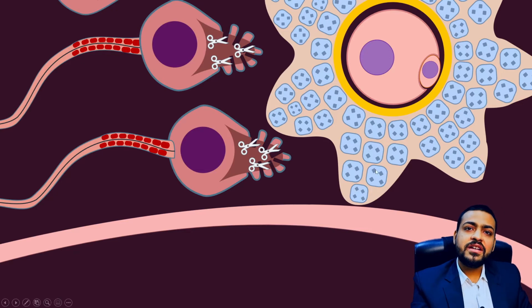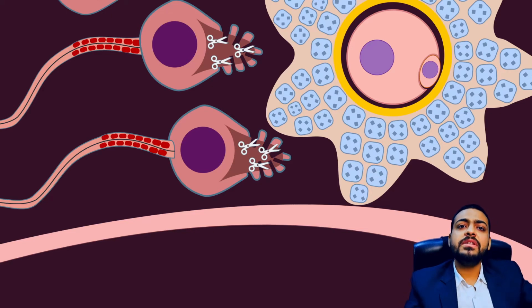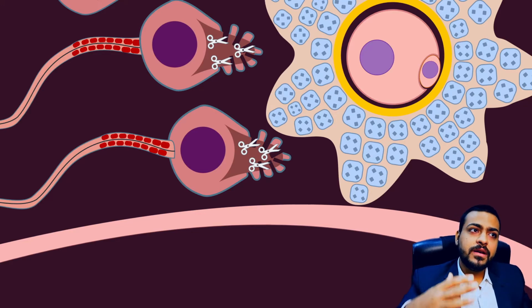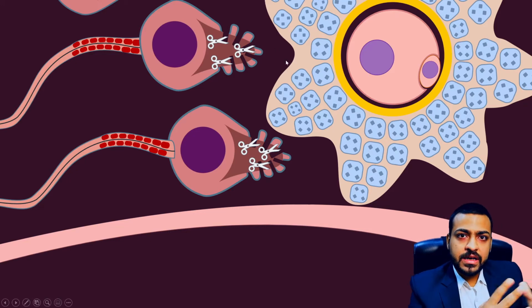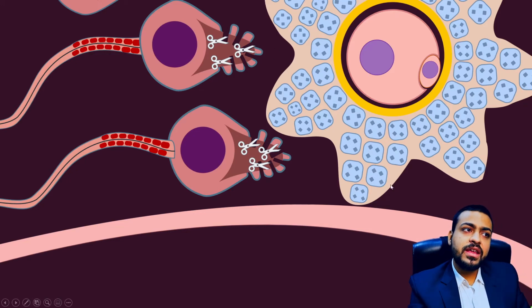So these corona radiata cells are embedded into the hyaluronic acid, and hyaluronic acid is acting as a glue, as a cement, stabilizing these cells and keeping them at their particular position. It prevents these cells from separating from each other, just like bricks embedded within cement. So if we break the structure of hyaluronic acid, these cells will disperse.